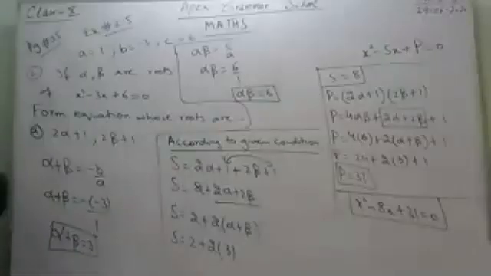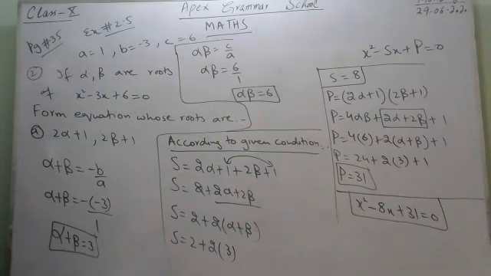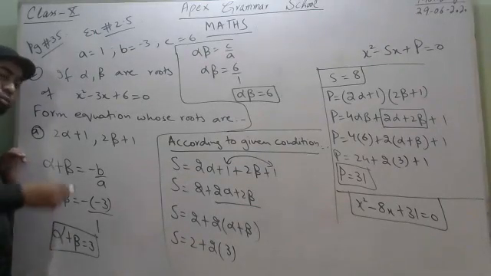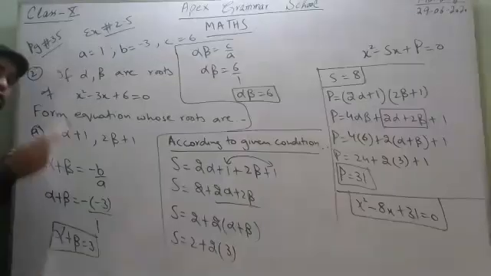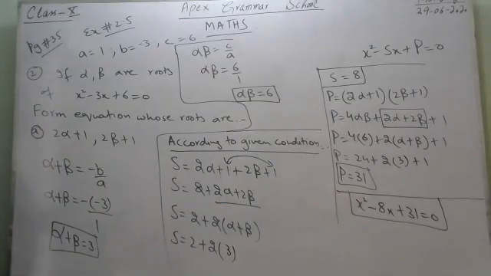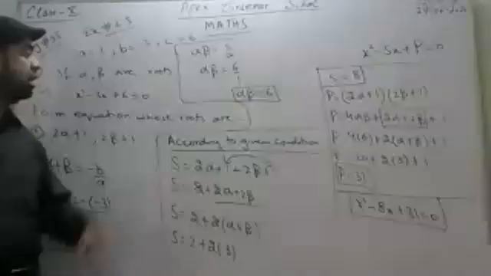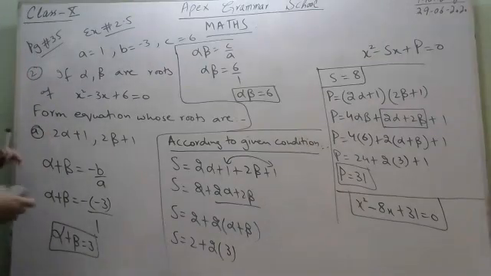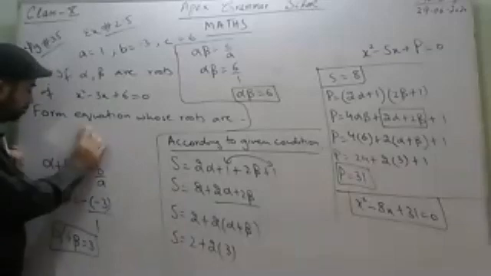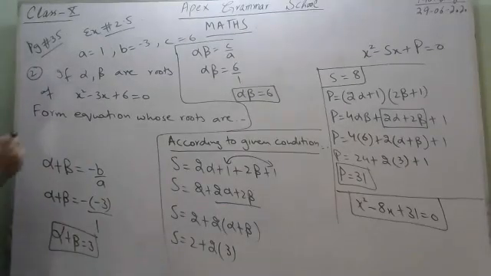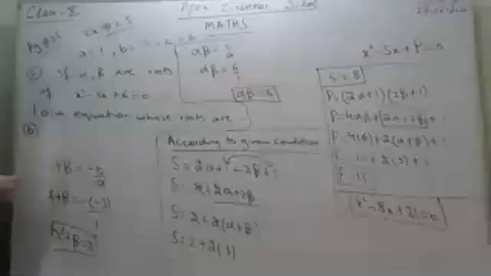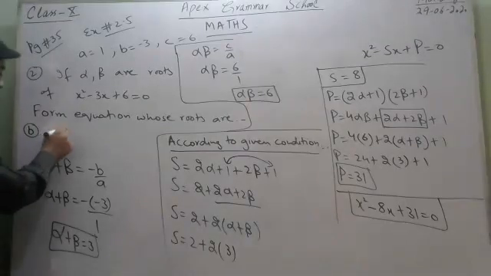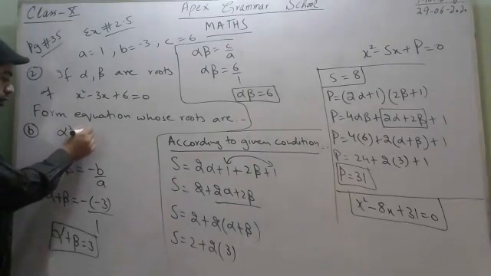Because if you solve part B, you don't need to find the alpha plus beta and alpha beta values again and again. Just change part A to part B, that is alpha square and beta square.